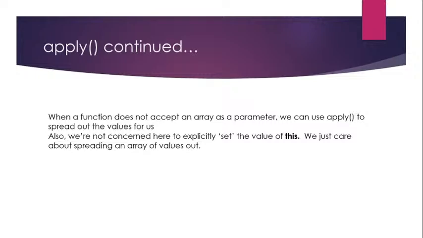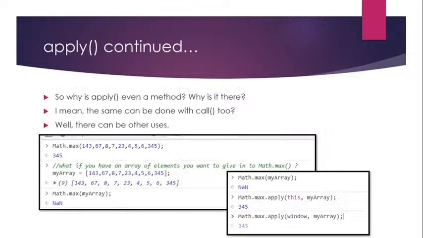Also, in this particular example, we're not concerned to explicitly set the value of this. We just care about spreading an array of values out. Okay, so in this case, we were not declaring this to be something else. We just wanted to have this math.max function work with an array, and that's where the apply method was used. Okay.